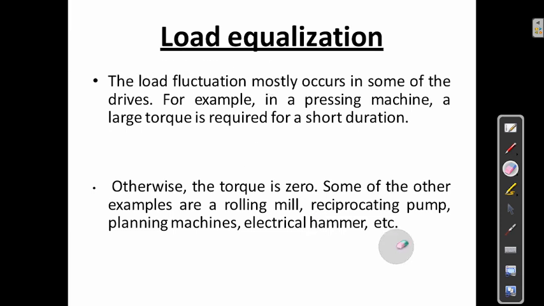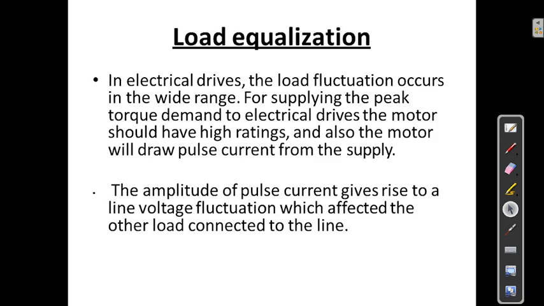Otherwise, the torque is zero. Some other examples of load fluctuation are rolling mills, reciprocating pumps, planing machines and electric hammers. In electrical drives, the load fluctuation occurs over a wide range.